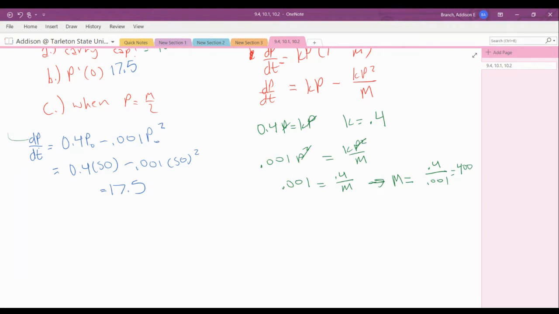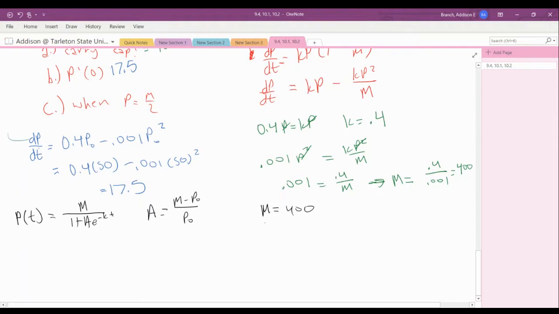From here, we're going to need to set up our actual population formula. We know our general population formula is M over 1 plus A e to the negative kt, where A is M minus P naught over P naught. So we know that M is going to be 400.